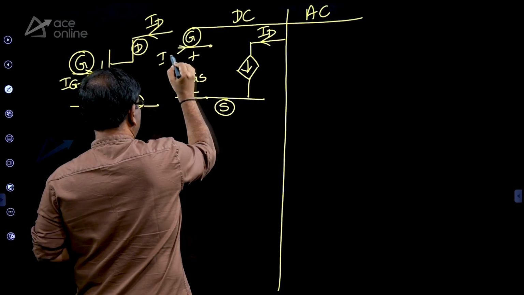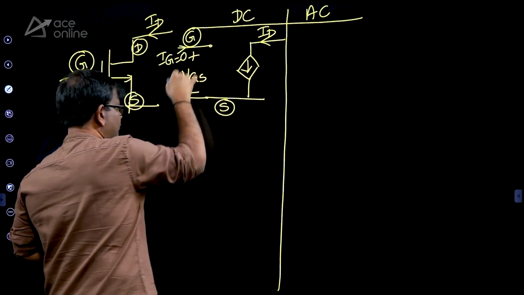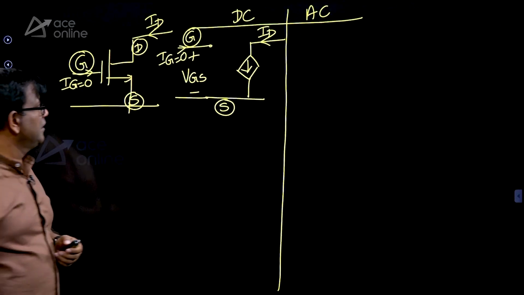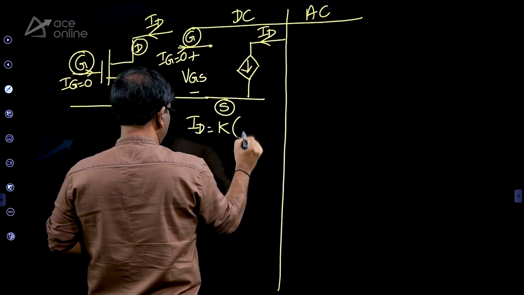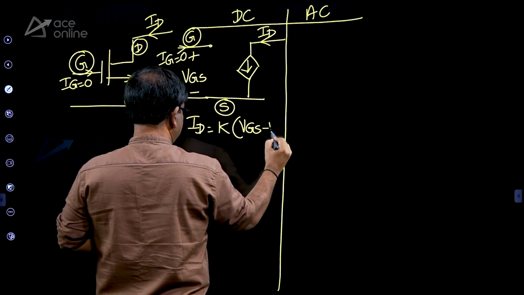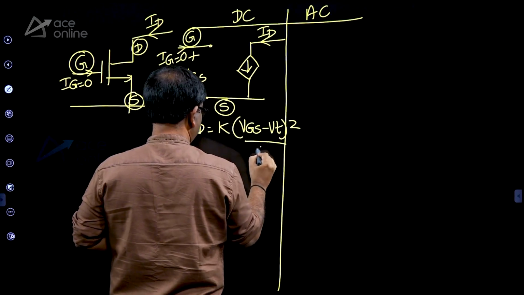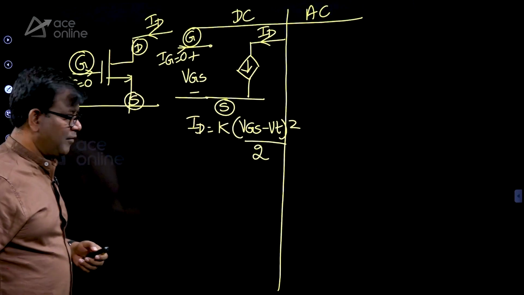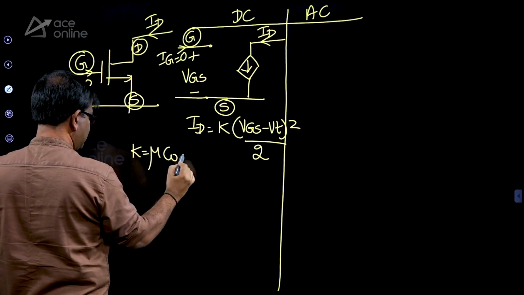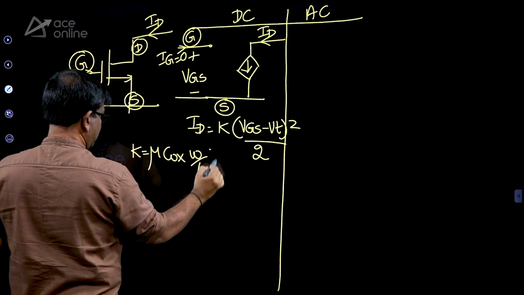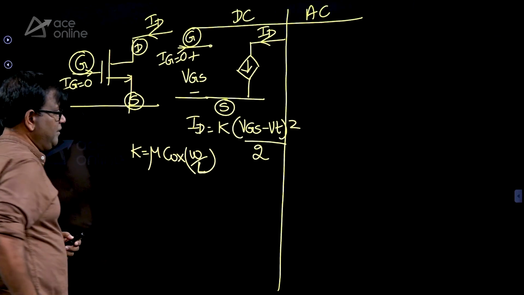In an open circuit, voltage is manifested, but current is 0, right. So, what is your ID? ID is going to be K times (VGS minus VT) whole square by 2. And what is the value K? K is going to be mu Cox W by L. W and L are the width and length.